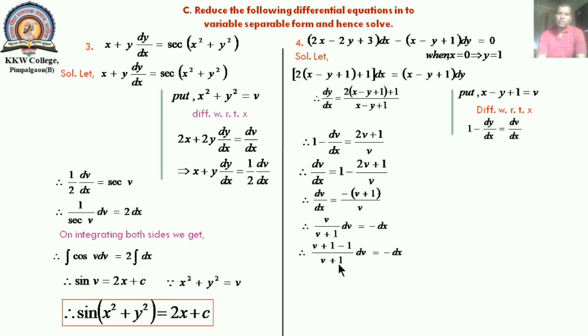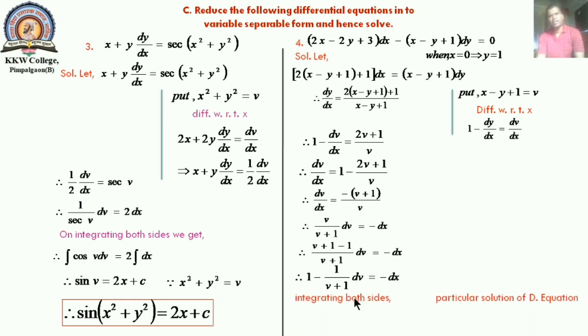Separating the denominator, v plus 1 upon v plus 1 becomes 1 minus 1 upon v plus 1, and then integrating, we have integration of 1 dv minus integration of 1 upon v plus 1 dv is equal to integration of minus dx.